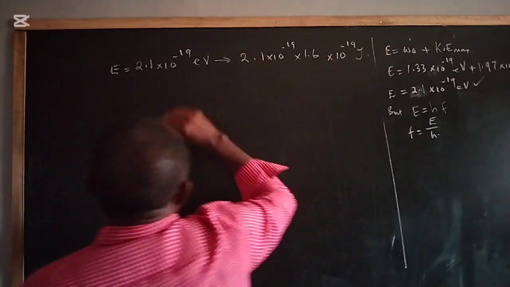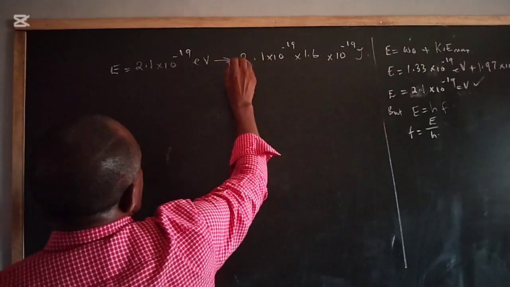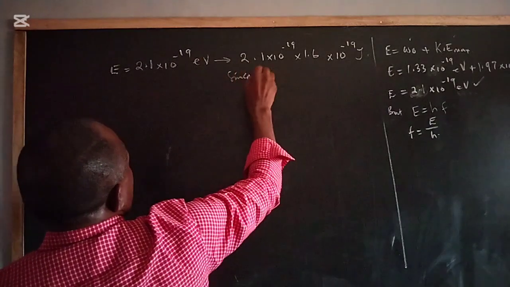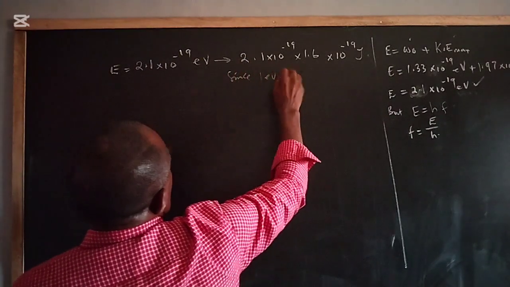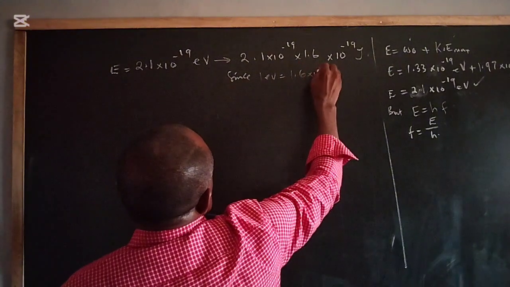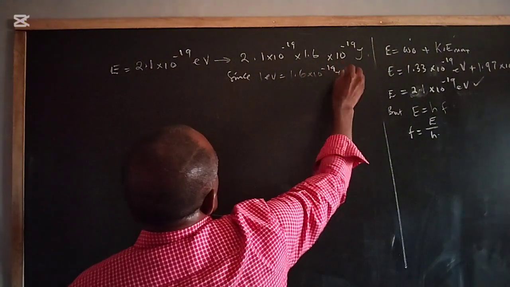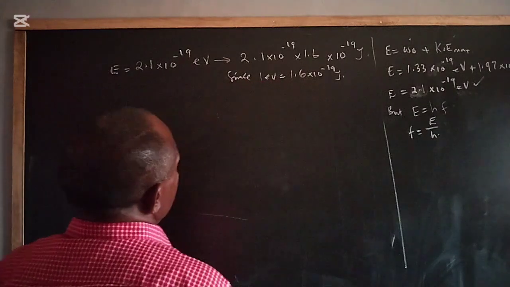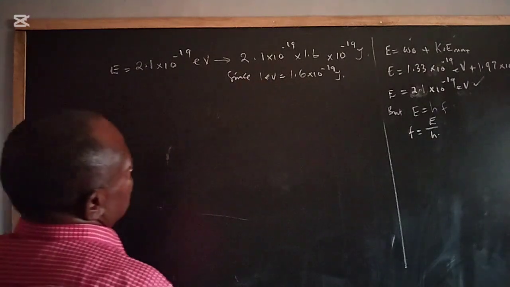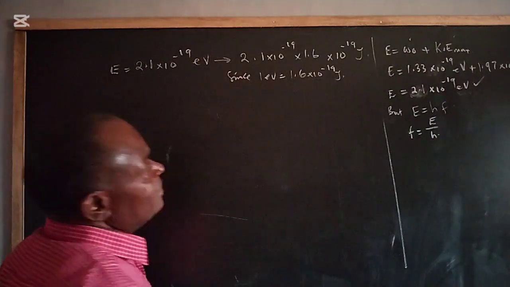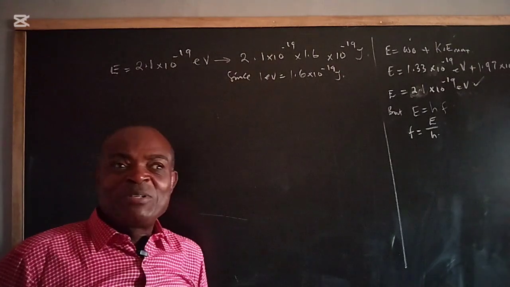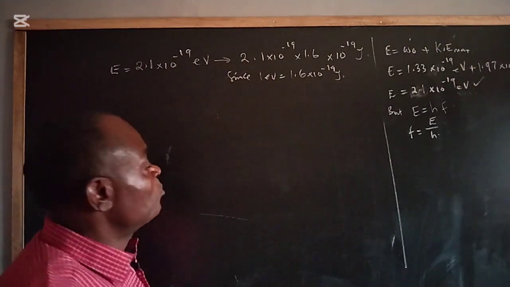That was possible since 1 electron volt is equal to 1.6 times 10 raised to the power minus 19 joules. So if you want to convert this to joules, just multiply through by that value. It's becoming a little bit more interesting.